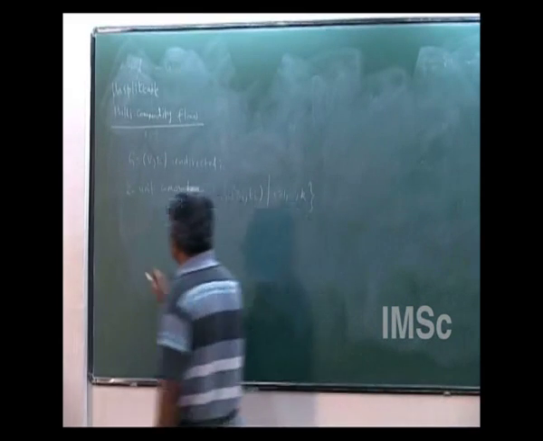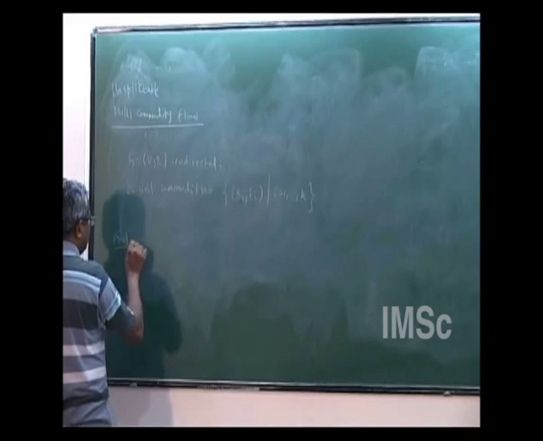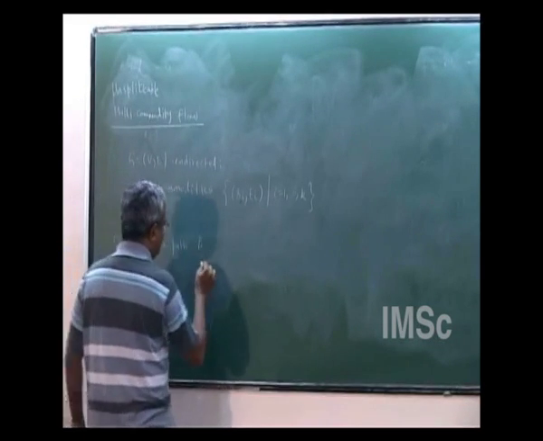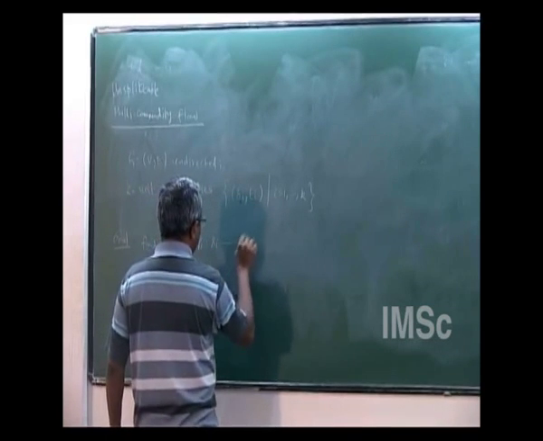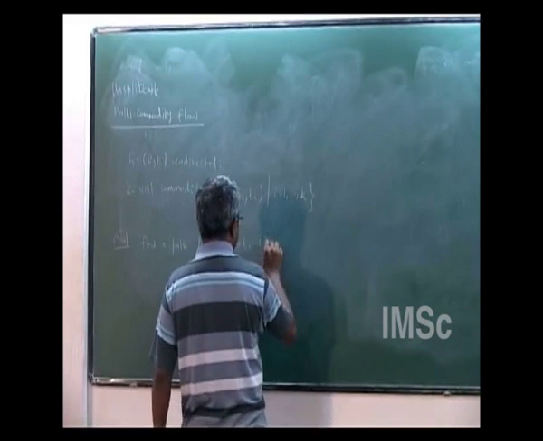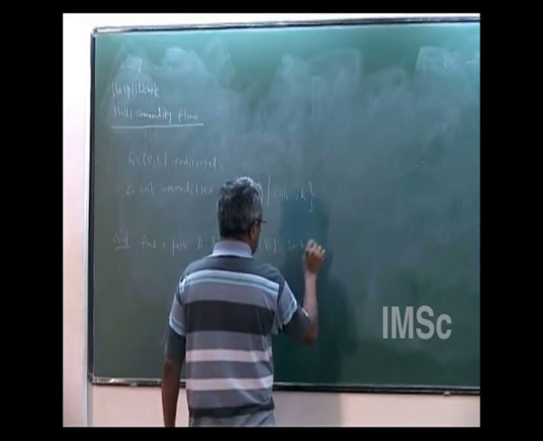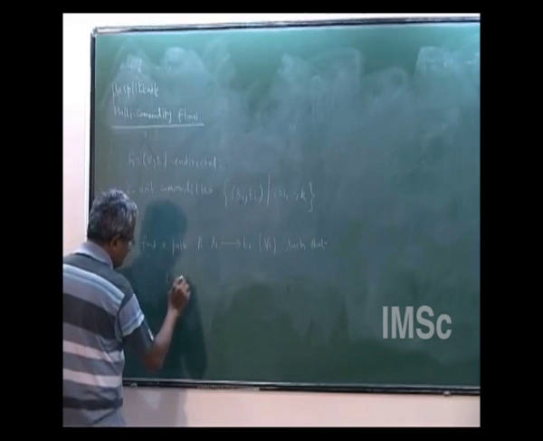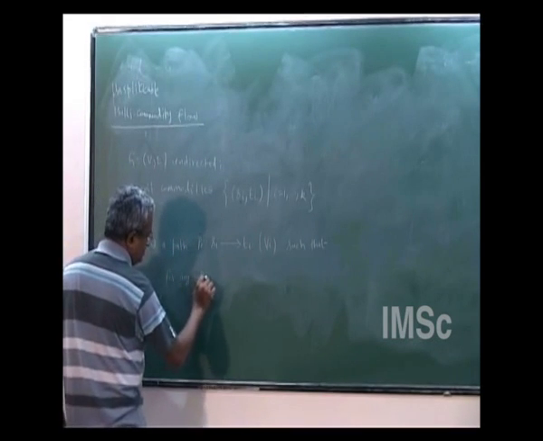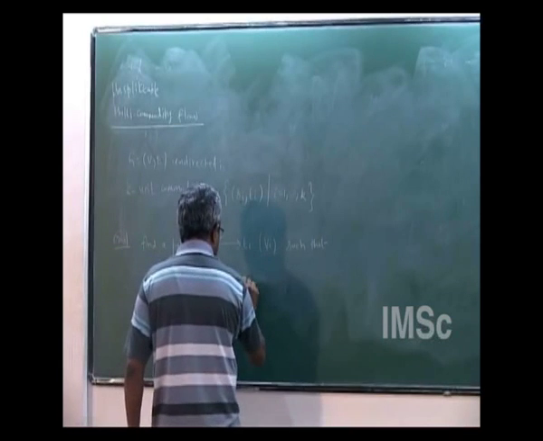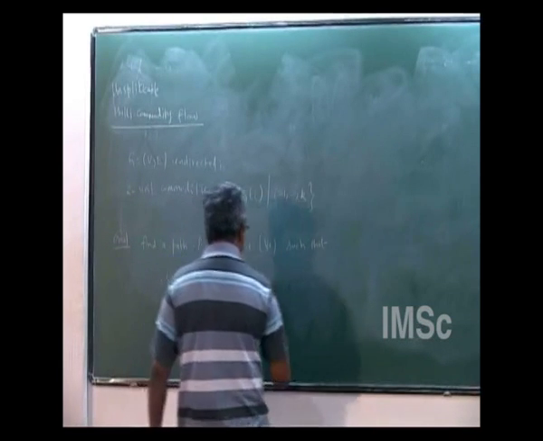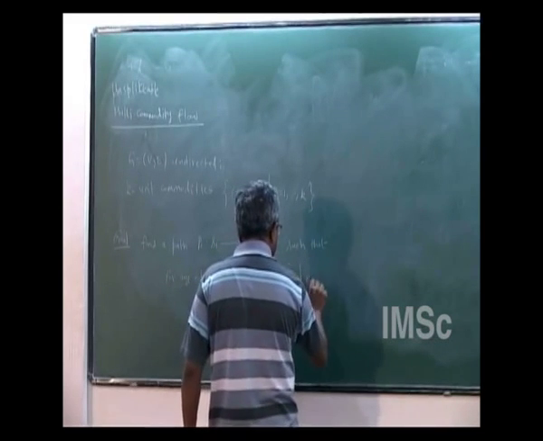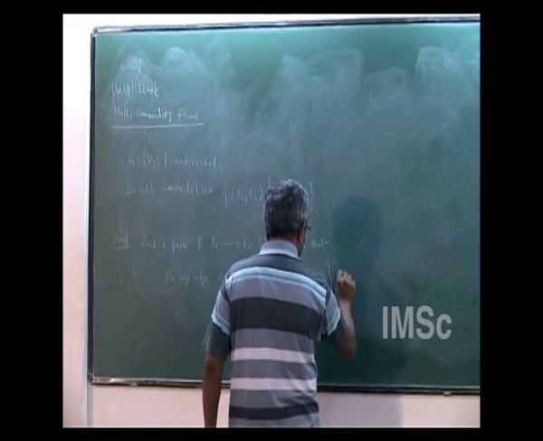Okay, so the goal is: find a path Pi from Si to Ti for every i, such that for any edge E, the congestion of E, defined to be the number of i such that E is in Pi, is minimized.